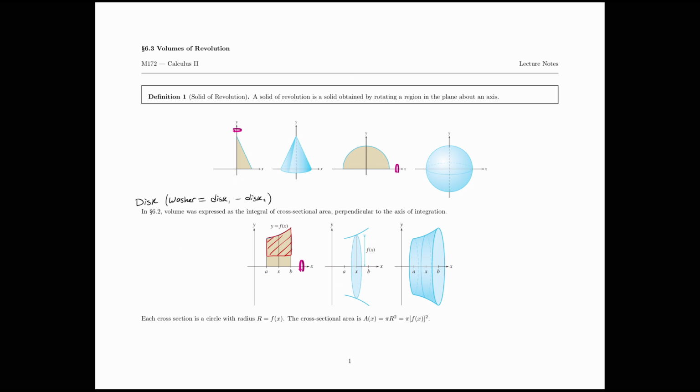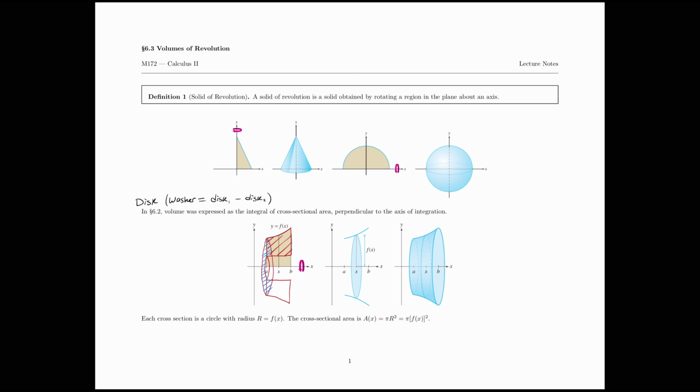So what this would actually look like, if we were to rotate it, is something like this. We'd have this outer circle, and we'd have this inner circle. So this inner region here, that's hollow. What's really solid here is this. That's solid.